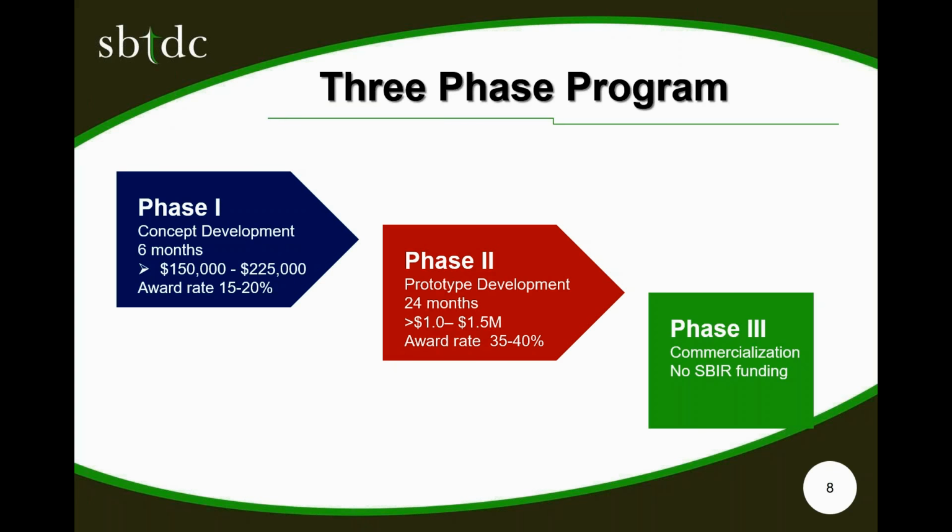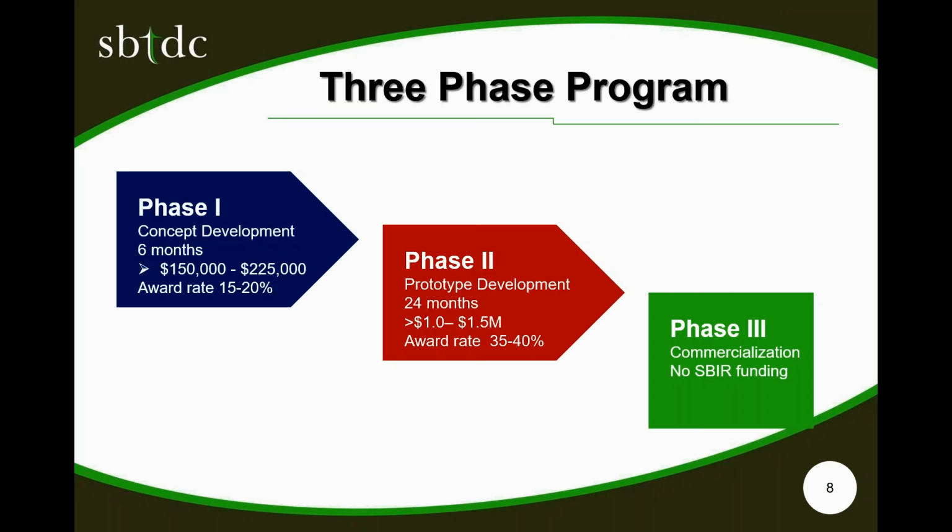Keep in mind that in the phase 2 proposal submission, in addition to the research plan that you're focused on, the agencies will also require a complete, usually 10 to 15 page commercialization plan to be submitted. And that's often a very significant scored component of your phase 2 proposal.